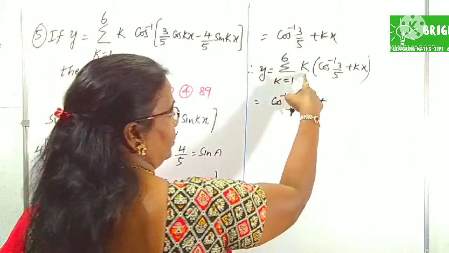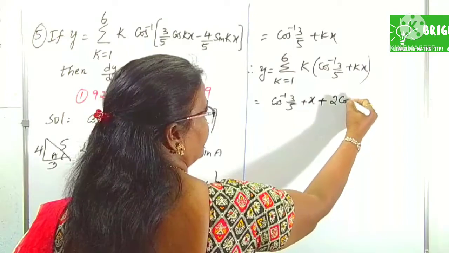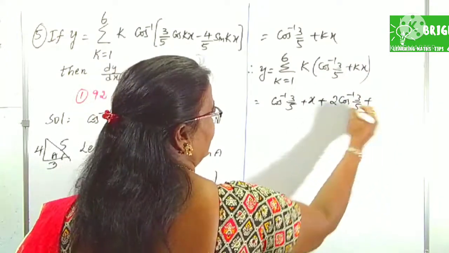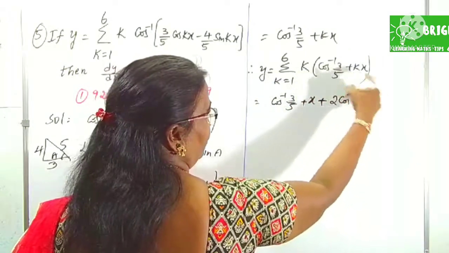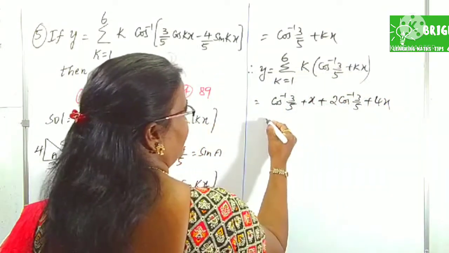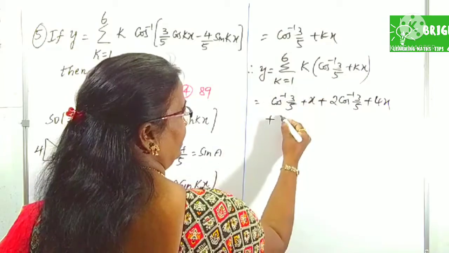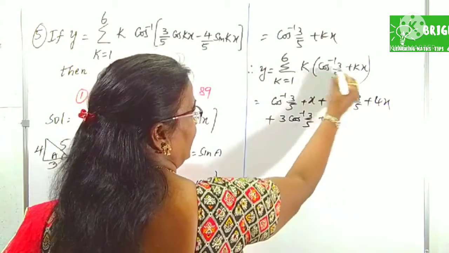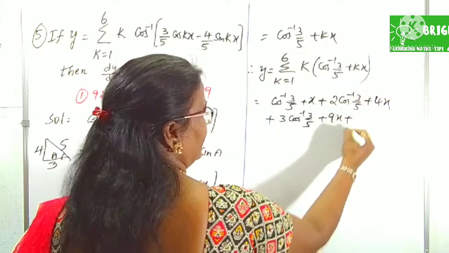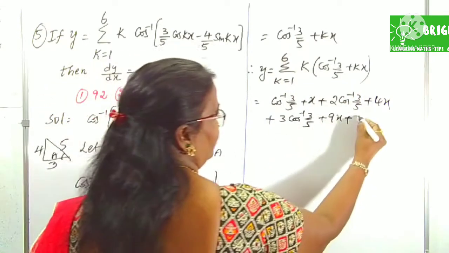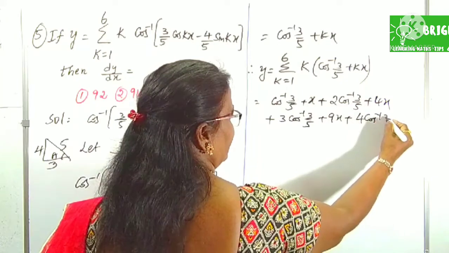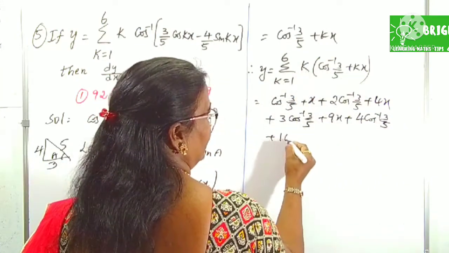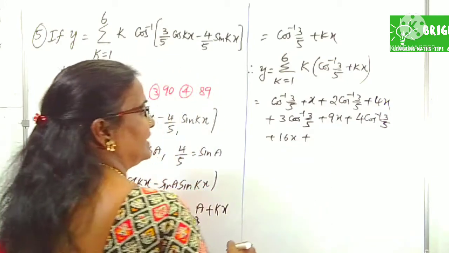If you take k equals 2, it is 2 into cos inverse 3 by 5 plus 2 into 2, 4x. Plus k equals 3, 3 into cos inverse 3 by 5 plus 3 into 3, 9x. Plus 4 into cos inverse 3 by 5 plus 4 into 4, 16x.